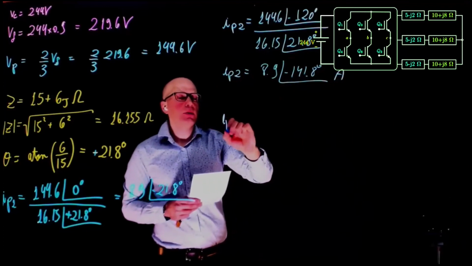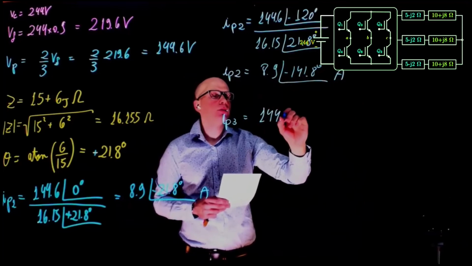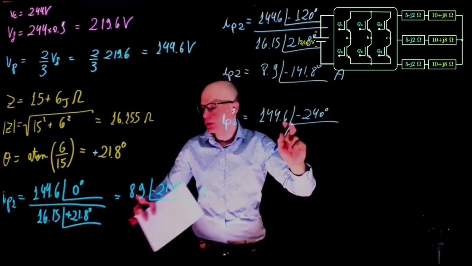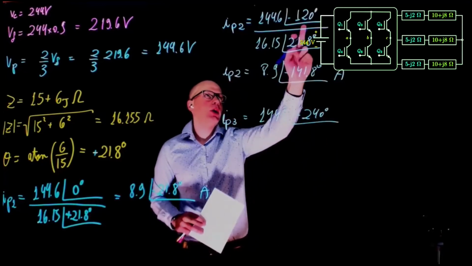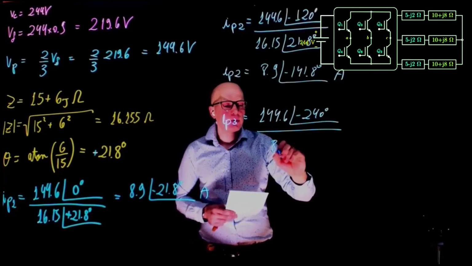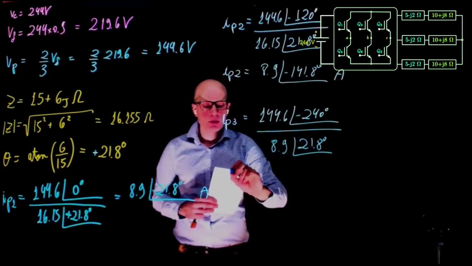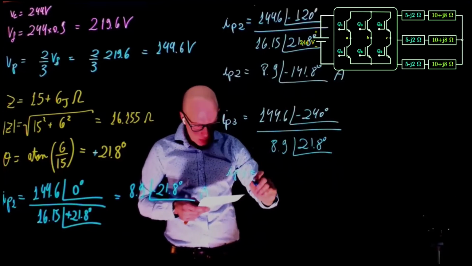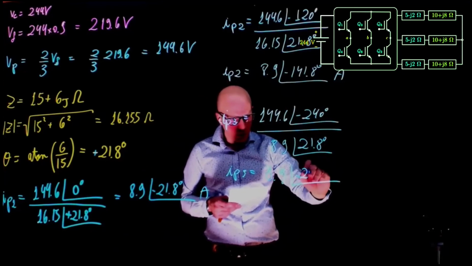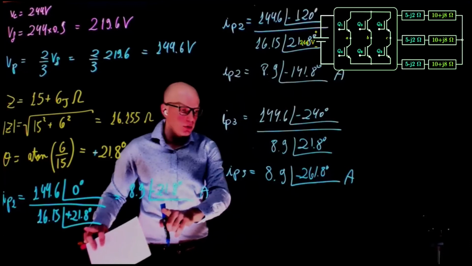And IP3 is the same input voltage. Now the angle is negative 240 degrees, again with respect to that, or 120 with respect to this, divided by the same 8.9, 21.8 degrees. So IP3 is 8.9 at an angle of negative 261.8 degrees amps with respect to the first.